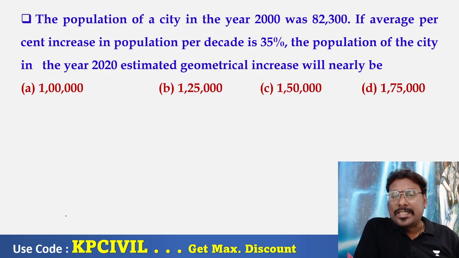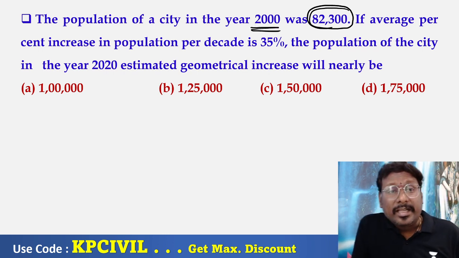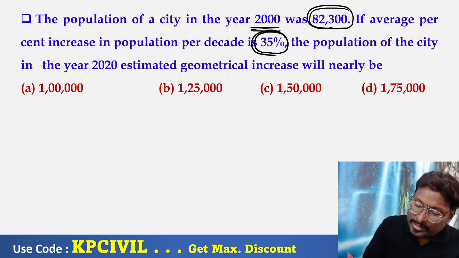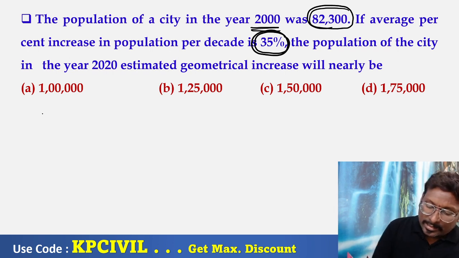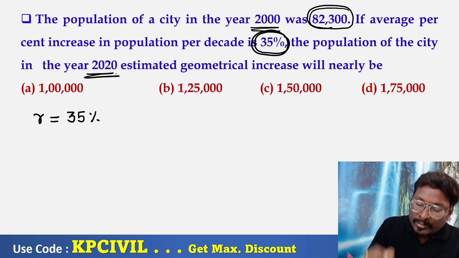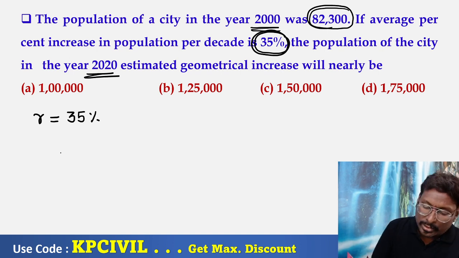The population of a city in the year 2000 was 82,300. The average percentage increase of population per decade is 35%, so R is 35%. Estimate the population of the city in the year 2020 using the geometrical increase method.